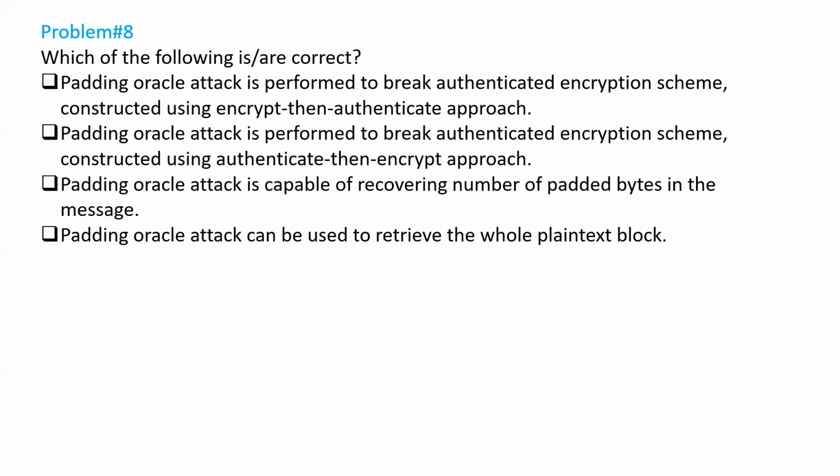After that, you can even check all possible byte values and get the exact plaintext byte value of the original message in the last block of the message. So like that you can actually perform the padding oracle attack.